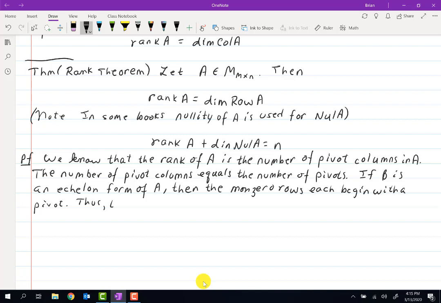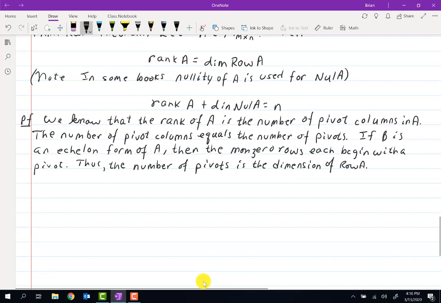Thus, the number of pivots is the dimension of row A.